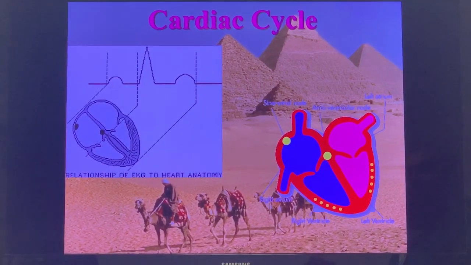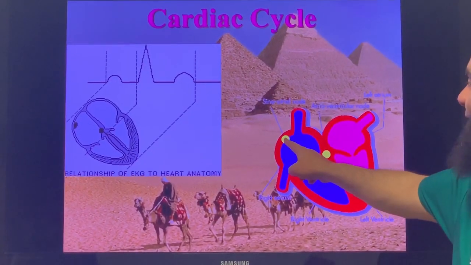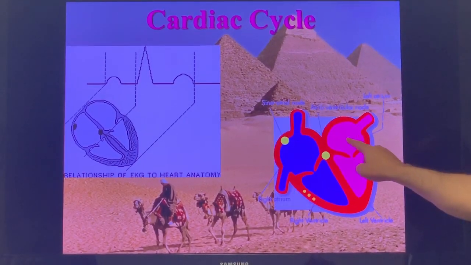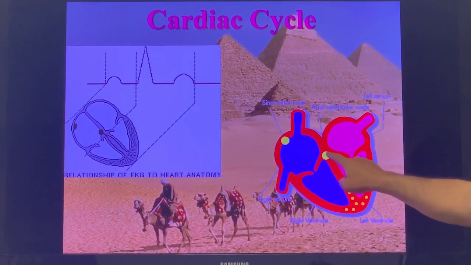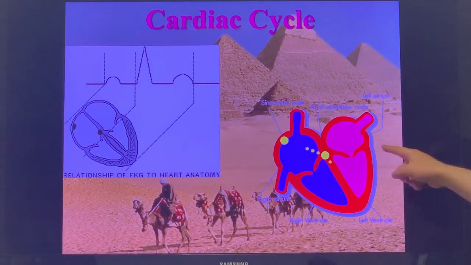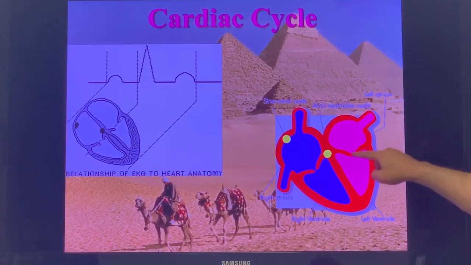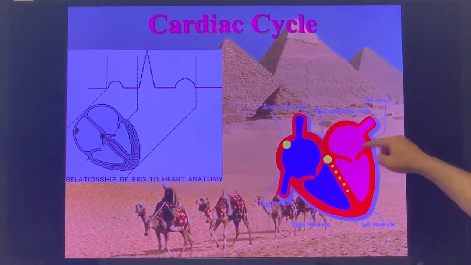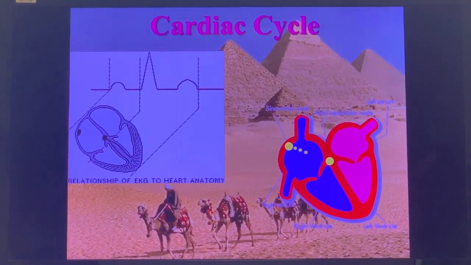And this is how it goes. It starts in the SA node, going through the atrium, and also to the other atrium, then goes to the AV node, where it relies for a while before going to the bundles to the right or left ventricles. Okay?